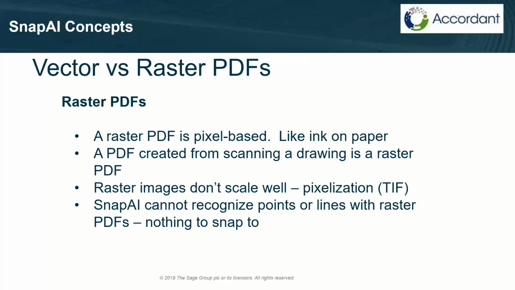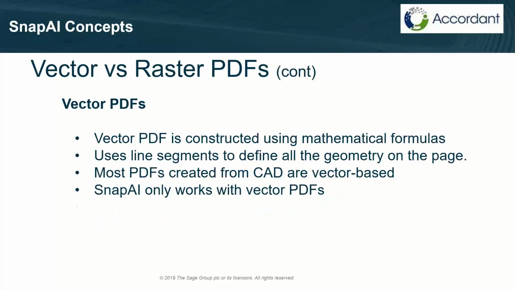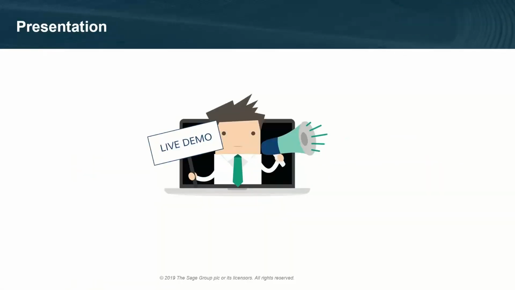The raster drawings just don't scale very well, and obviously SnapAI can't read anything in that file because there's nothing there to read. The vector PDF is constructed using mathematical formulas, uses lines and segments to define all the geometry on the page. Most of the PDFs, as I mentioned, created from CAD are vector based, and Snap is going to work with those types of files.